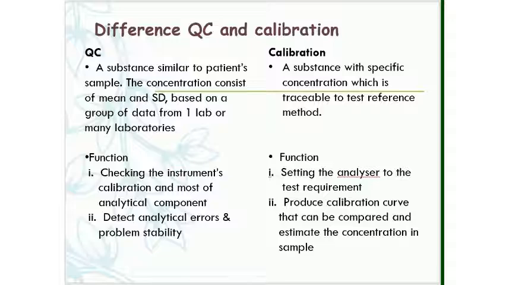The function, first, is checking the instrument's calibration and most of the analytical components, and second, to detect analytical errors and problem stability. So for calibrator, it is a substance with specific concentration which is traceable to a test reference method. The function is to set the analyzer to the test requirement, and produce a calibration curve that can be compared to estimate the concentration in the sample.